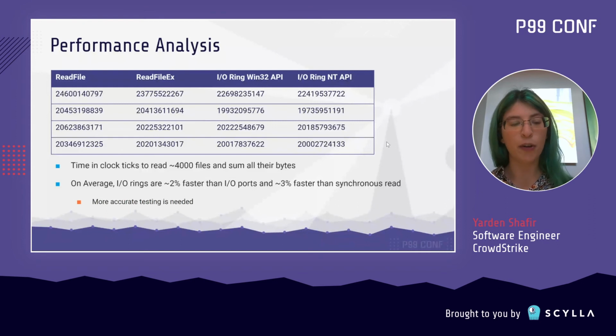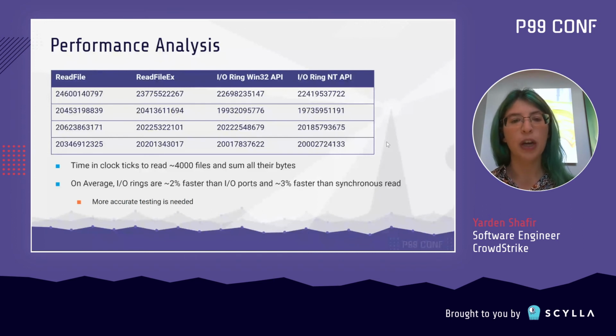So I did that in four different ways, using the legacy read file, which is synchronous, read file EX, which uses completion ports, and then in two different ways using IO rings.